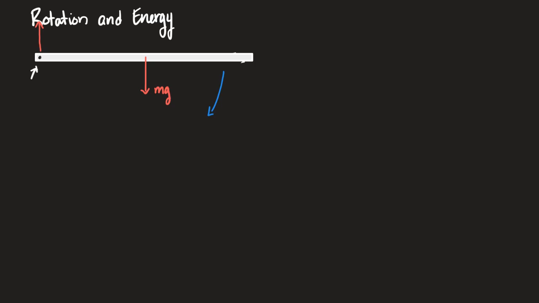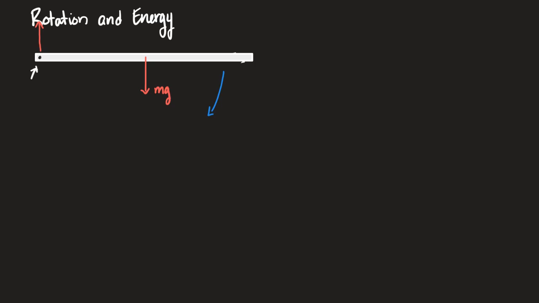This upward force is going to keep the bar from falling to the ground. But there is an unbalanced torque because the weight is acting some distance away from the pivot point, while the upward force is applied by the pivot point and therefore causes no torque. All of that plays a role in determining what's about to happen, which is that the bar is going to rotate downwards and begin to spin with a clockwise rotation.